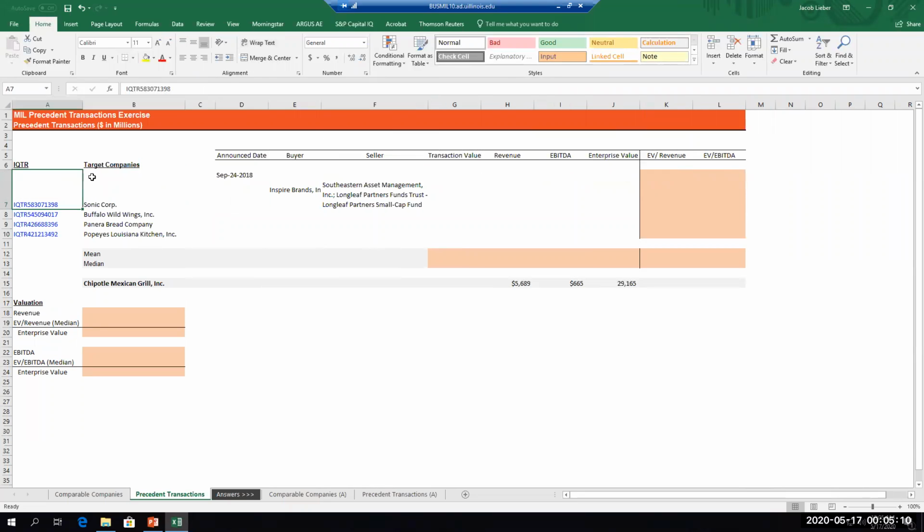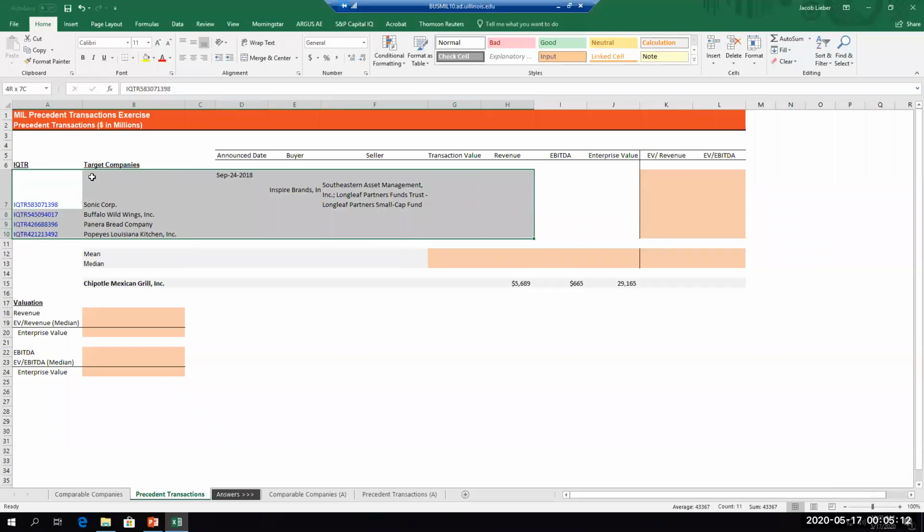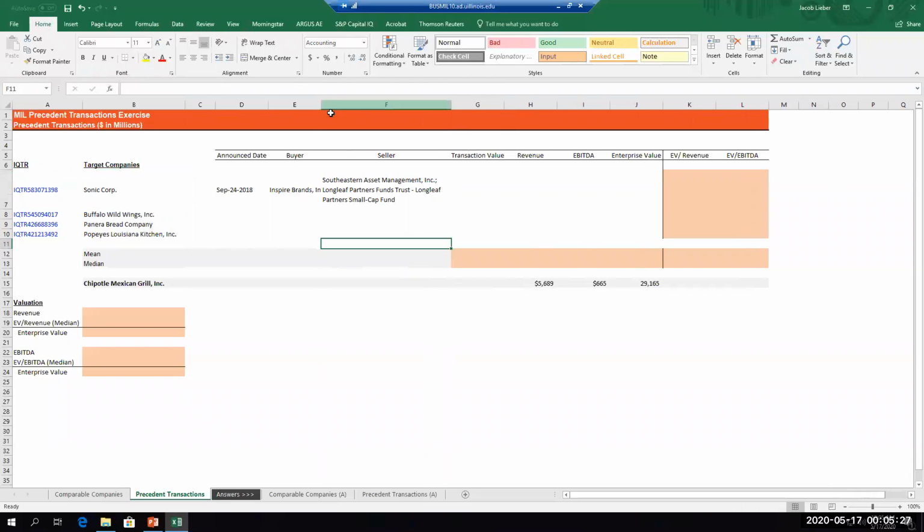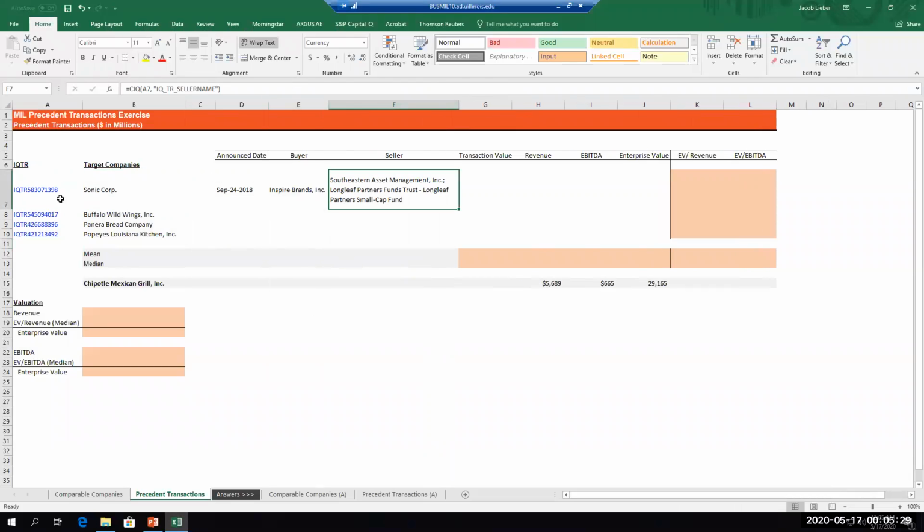And I'm going to center all of this data, Alt-H, and then you see AM. Now we have this data centered, and I'm just going to adjust this so it looks a little bit better. Nice.